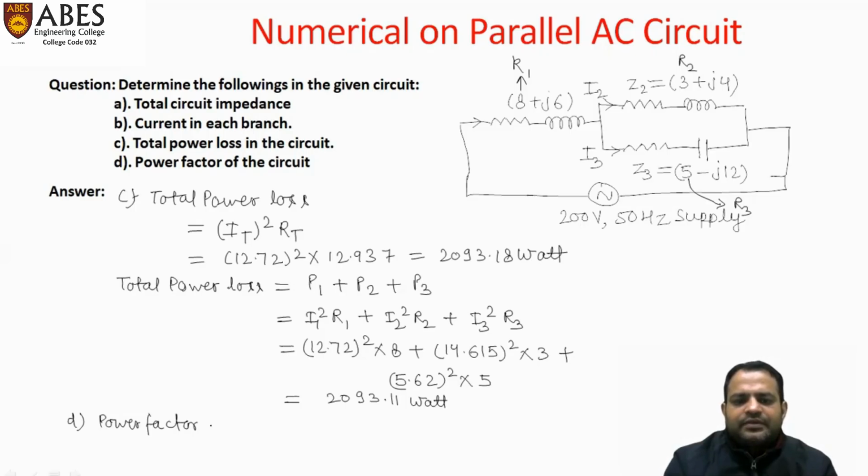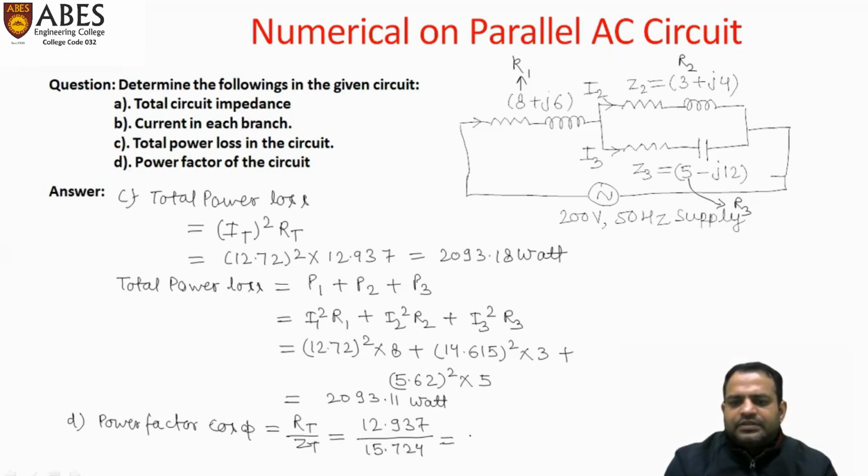So cos phi, we are calculating by RT by ZT, from the total impedance. So the RT is 12.937 divided by 15.724.